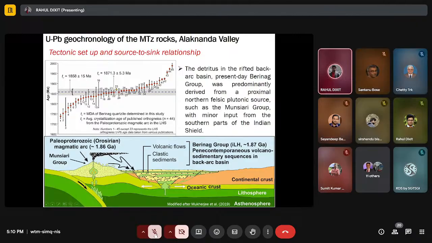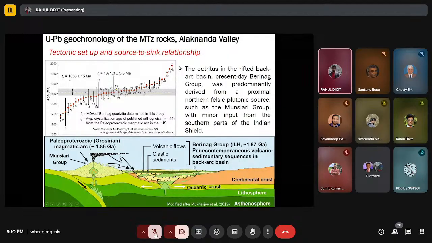This has been shown in the model proposed by Mukherjee and others, 2019. During the Paleoproterozoic time, the present-day Munsiari group represented the Paleoproterozoic magmatic arc. After the initial subduction of the slab, there was a period of extension because of slab rollback and pushback.